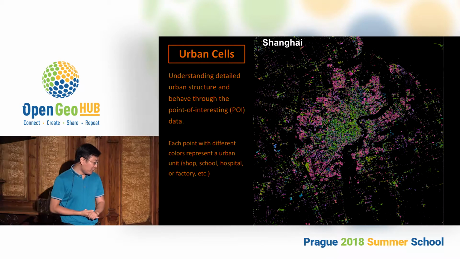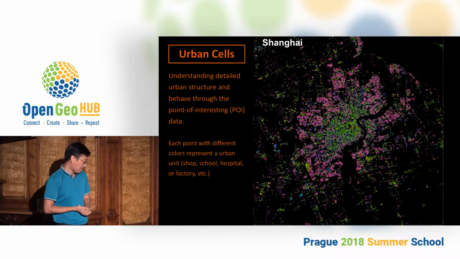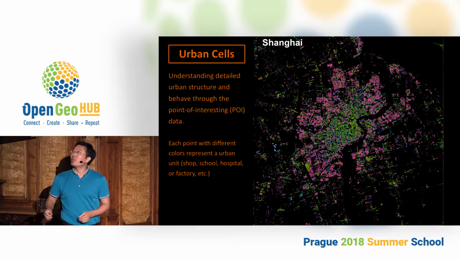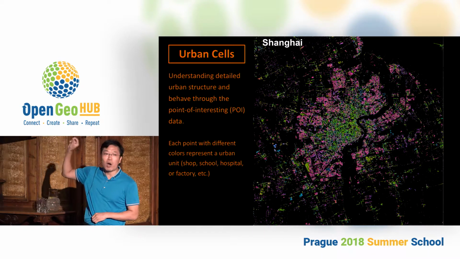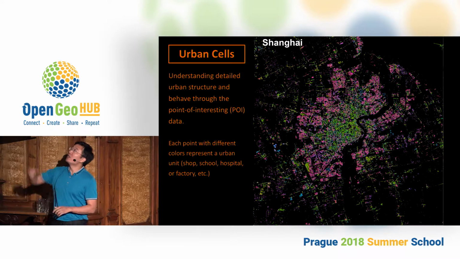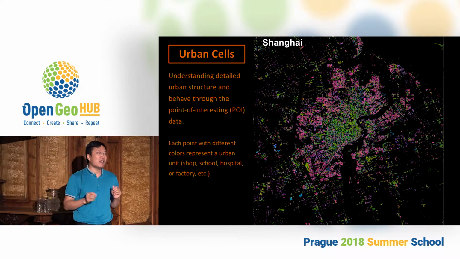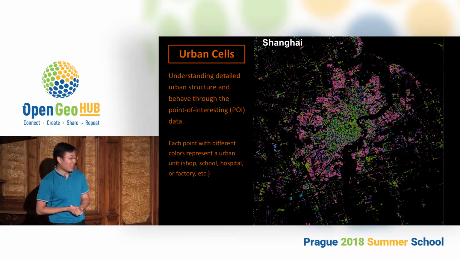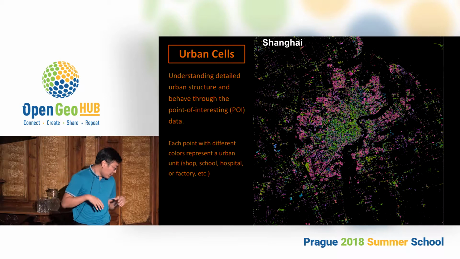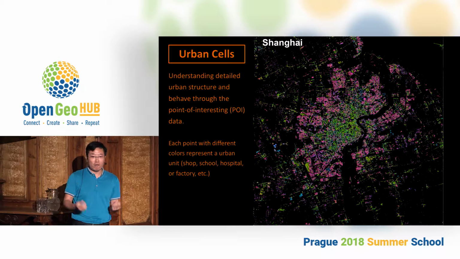Each point with a different color represents a different land use function, like shops, schools, hospitals, and factories. So it does provide a new way to understand our cities. Like Shanghai, this map is Shanghai. The city has more than 1 million points of interest data. Each cell unit has its own functions.